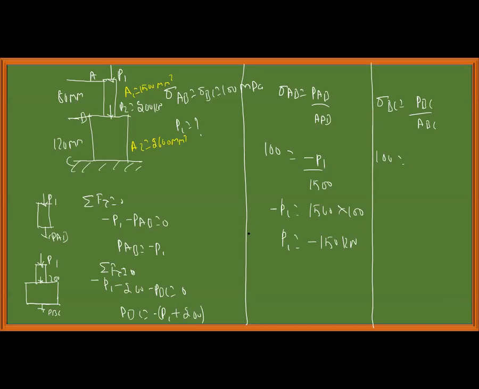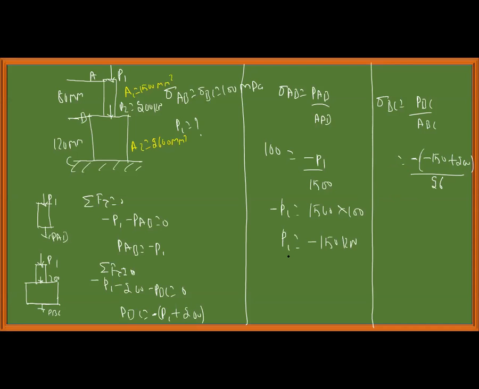PBC is equal to minus P1 plus 200, divided by the area of BC.